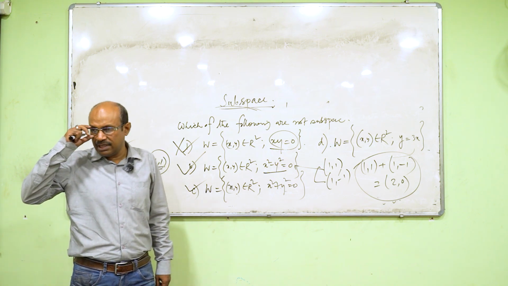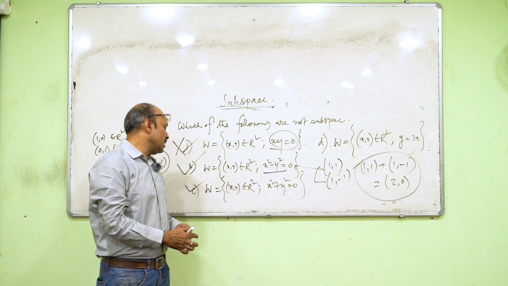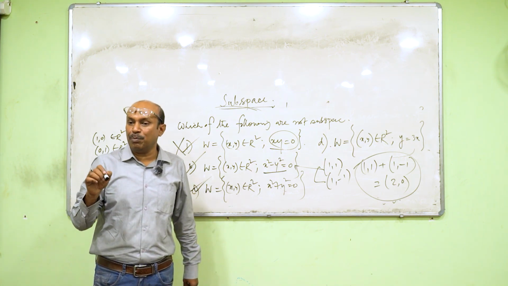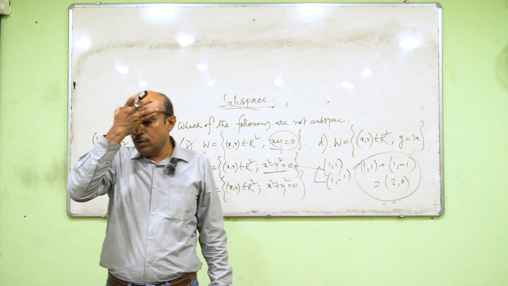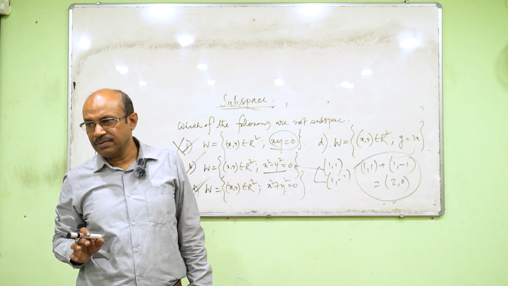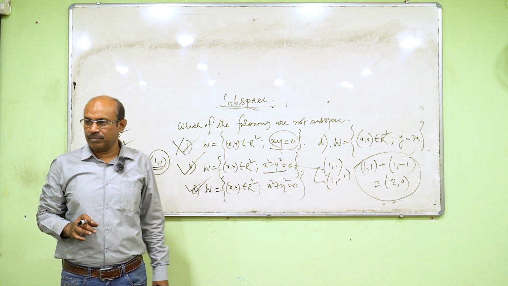You already know it. That means it is always a subspace. X squared plus y squared equals 0 means we conclude x equals y equals 0. That is why capital W is always a subspace.